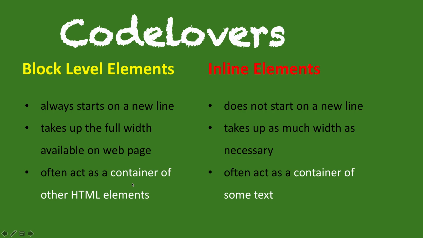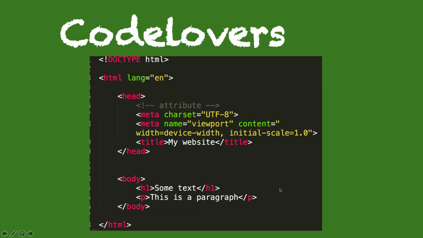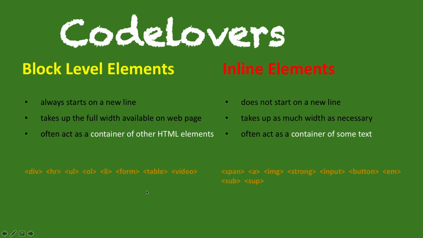As you can see here, and as I have mentioned before, the HTML start and end tag, the full HTML tag, is the container of other HTML elements like head and body, where the head tag is the container of meta and title tags. On the other hand, the body tag is the container of h1 and p tags.